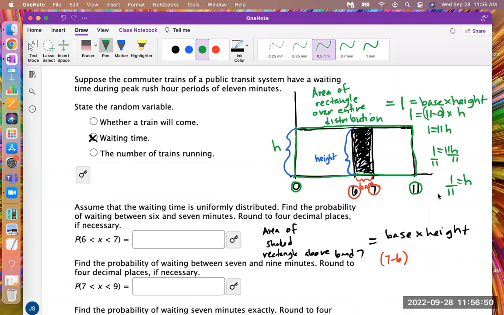So a shortcut here is that the height of the uniform distribution is always equal to 1 over the length of the entire uniform distribution.